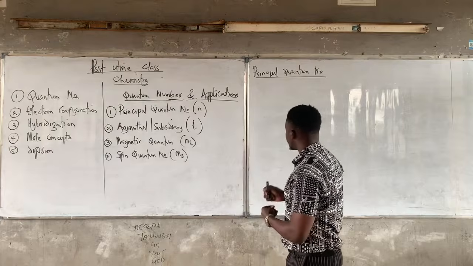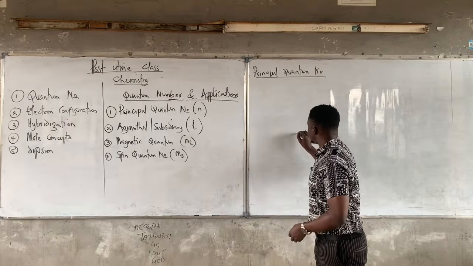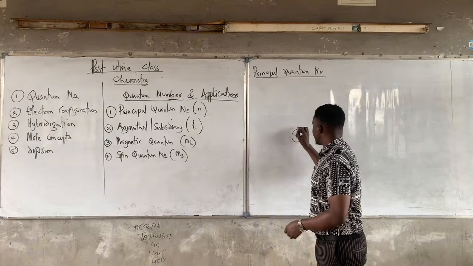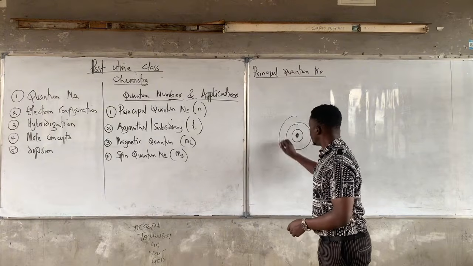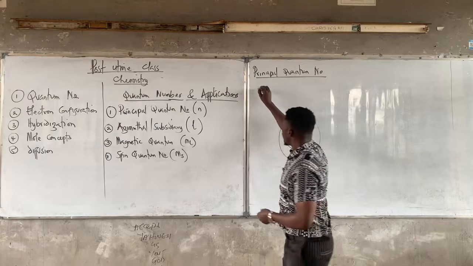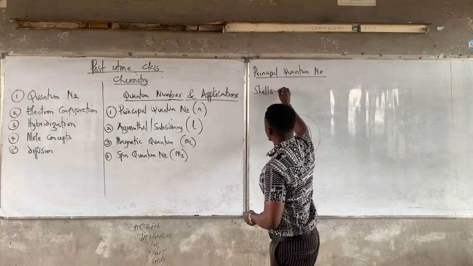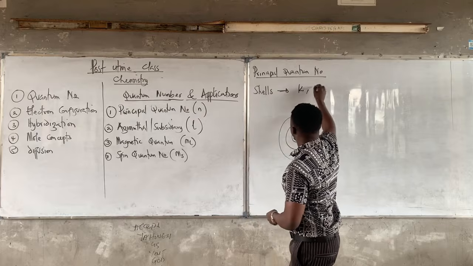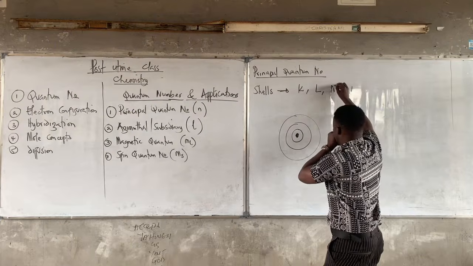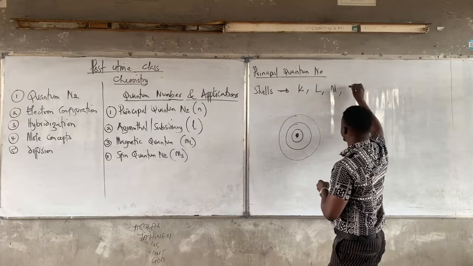Now, look at this. Every atom is presumed to have a nucleus at the center and then shells coming out. In secondary school, the shells we know were the K, L, M and N shells.